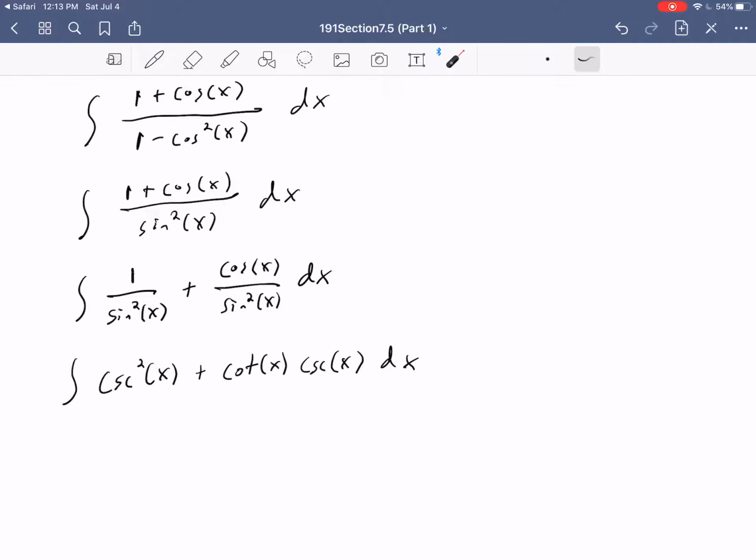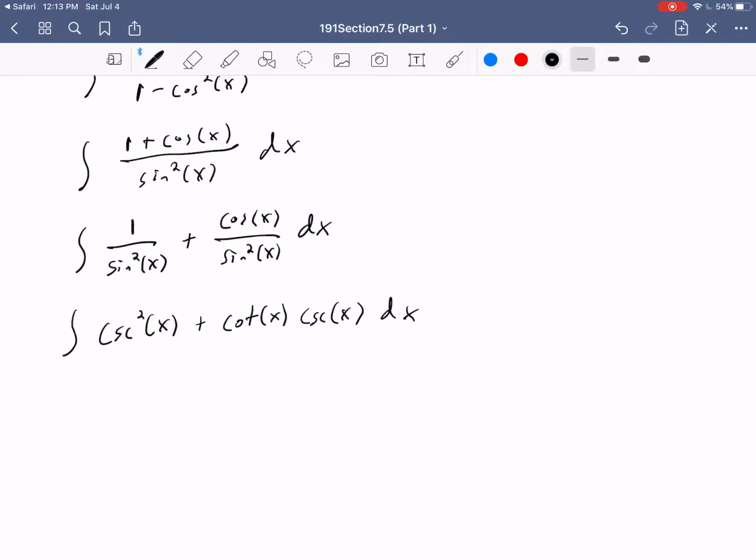Just like how the derivative of tangent is secant squared and the derivative of secant is tangent secant. So by making these, we can now just directly integrate. This is going to be negative cotangent x, because again, they should have their negative signs, and then minus cosecant x plus c.